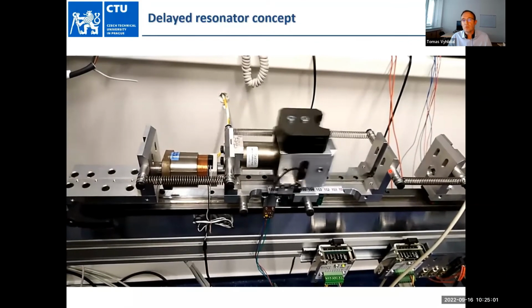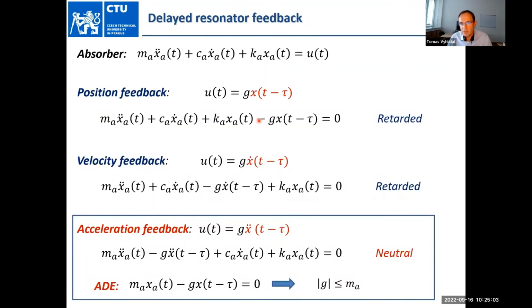Now let's move to the algorithms which Nejat Olgac and his colleagues used in delayed resonator feedback. Typically they started with position feedback, and then it was extended to velocity delayed feedback, and also to acceleration delayed feedback.